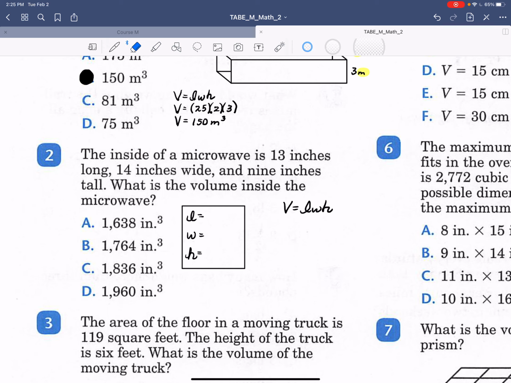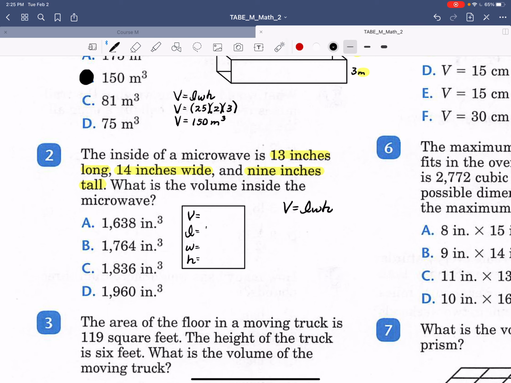And actually, this is a habit I'm trying to break, I need to put the V in there too. So volume, length, width, and height are the variables. They tell me that the 13 inches is length, 14 wide, 9 inches tall, that's the same as height.